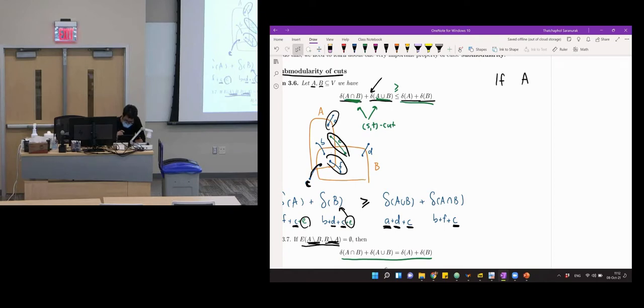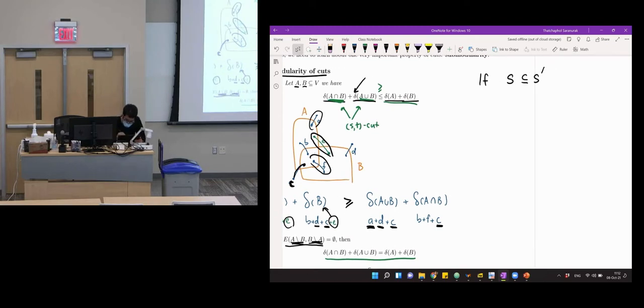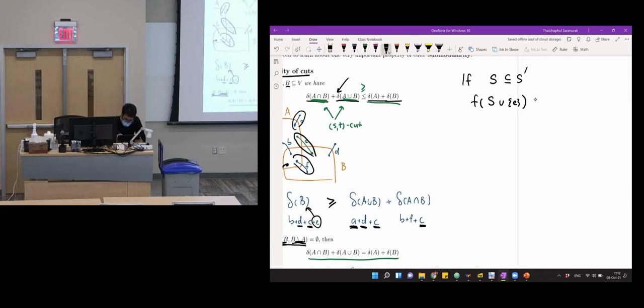Maybe write it like this: if S is a subset of S prime, then if you look at the function here, f of S union some element e, minus f of S, this is going to be at least the same change for S prime. Oh yeah, thanks. Very good. Thank you.